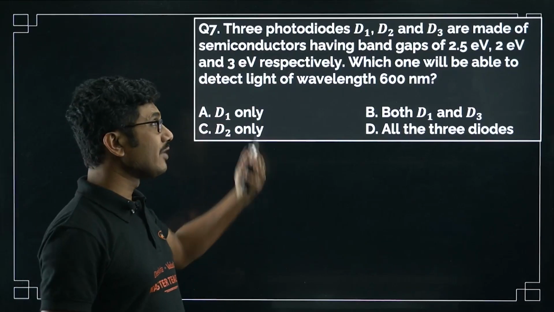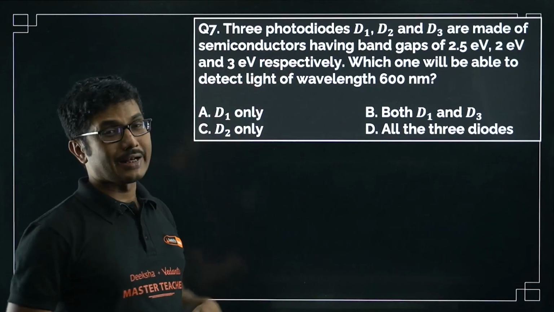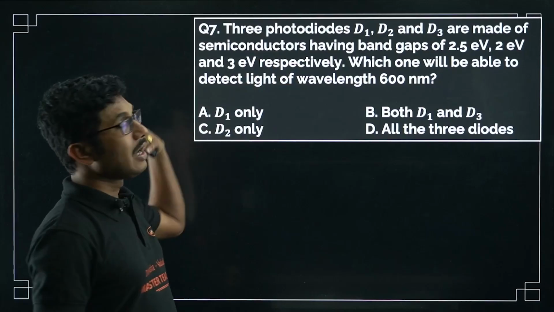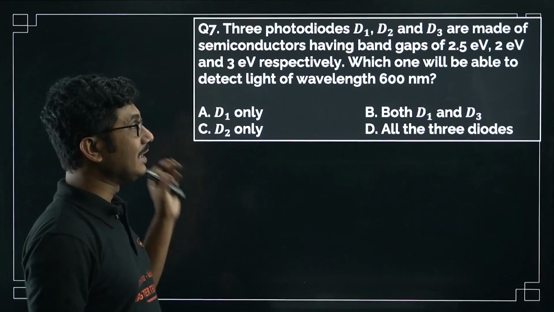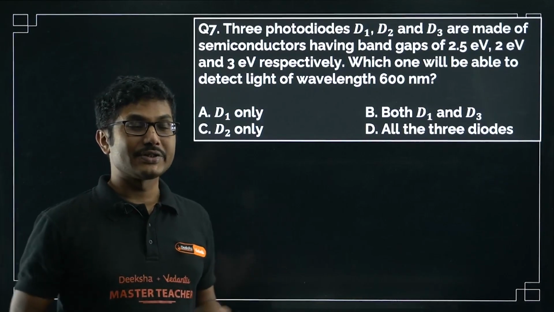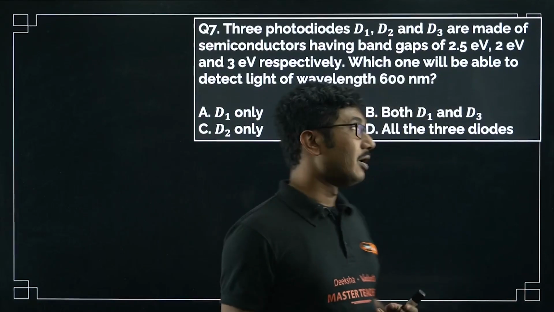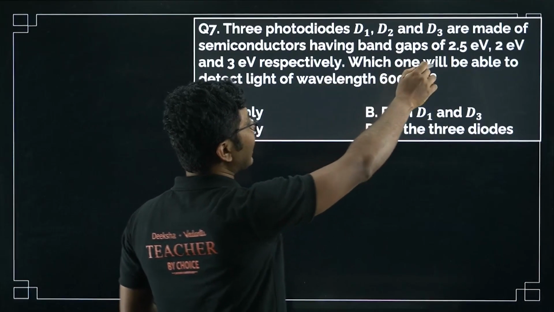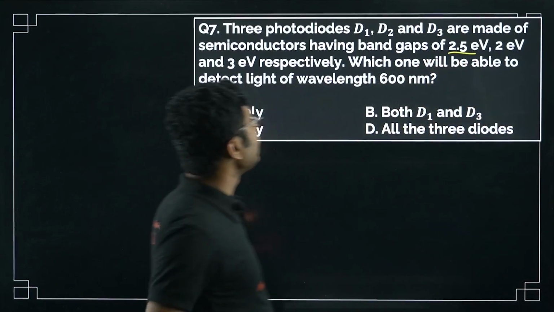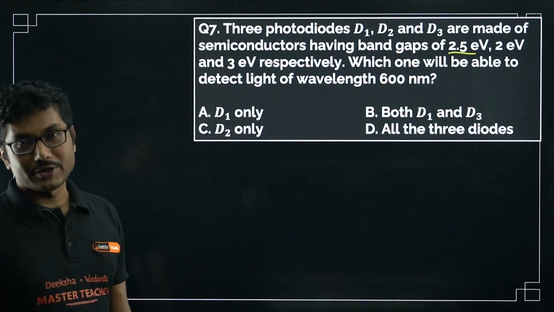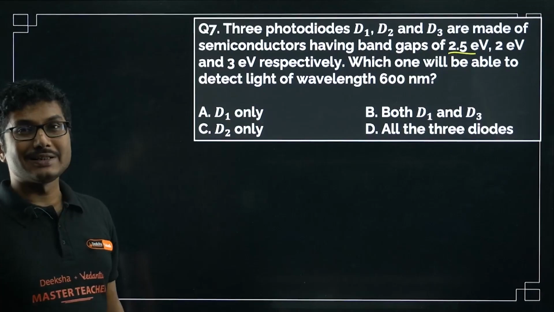The question language will be changed because photodiode directly is not part of the syllabus, but the same question might come in your exam in different language: that there is a detector which has an energy gap of 2.5 eV, 2 eV and 3 eV. Which of them can measure or detect the wavelength 600 nanometer?